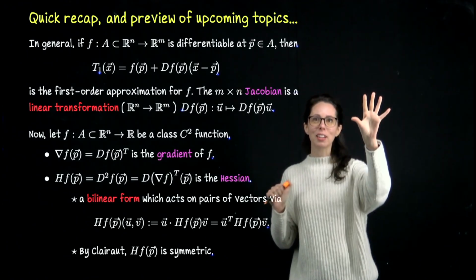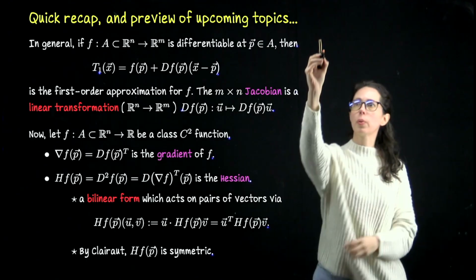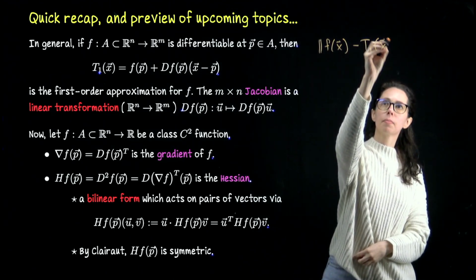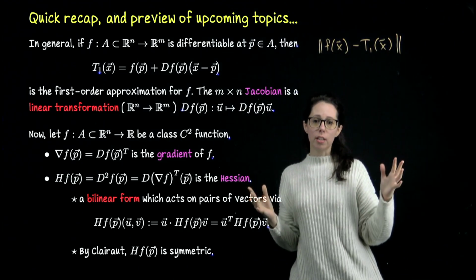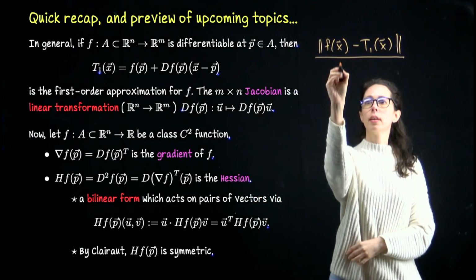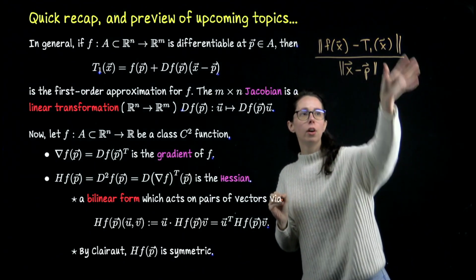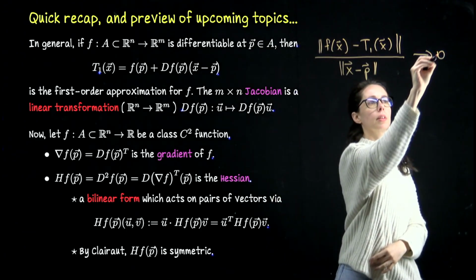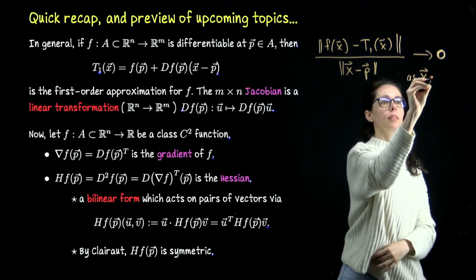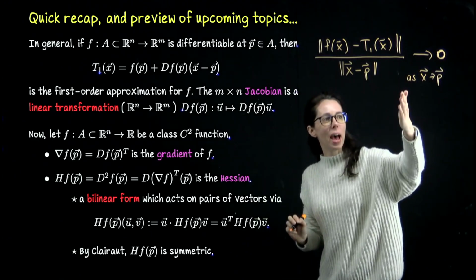I would say that the distance between f of x and T1 of x vanishes so fast that when you compare the ratio of this expression to the distance between x and your fixed point p, overall this ratio goes to 0 as x approaches p.